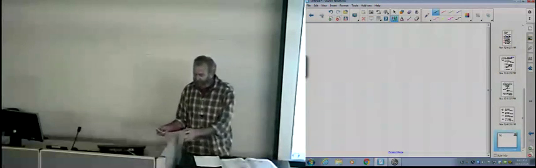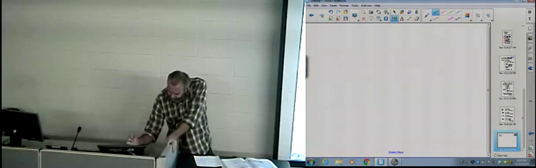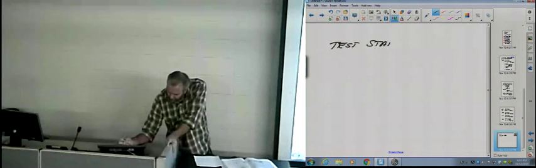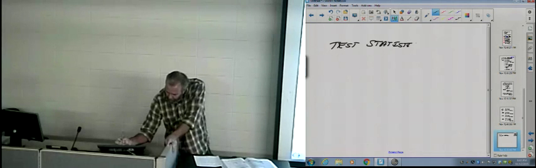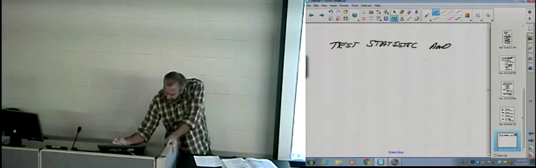And then there is a test statistic, and something called a p-value.